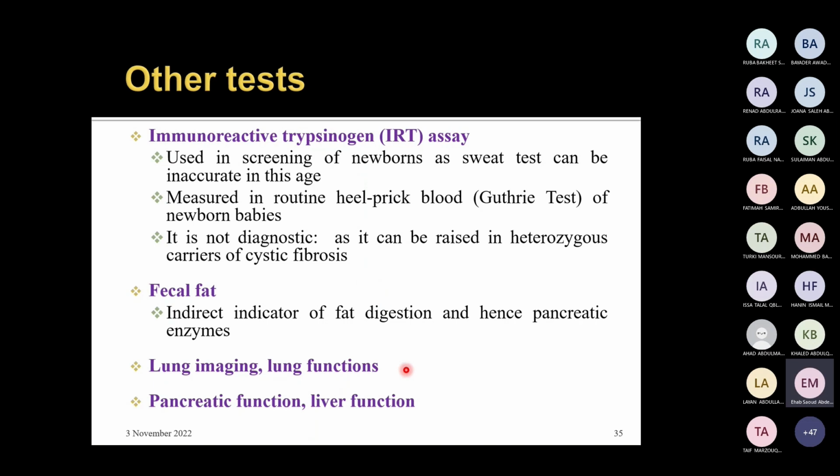So the question line that you might face in your exams is why fecal fat is useful in screening for cystic fibrosis. So you go from the start. You explain the cystic fibrosis protein, you explain its function in the distal intestine, in the proximal intestine, in the pancreas, and then you deduce that there is no enzyme secreted.